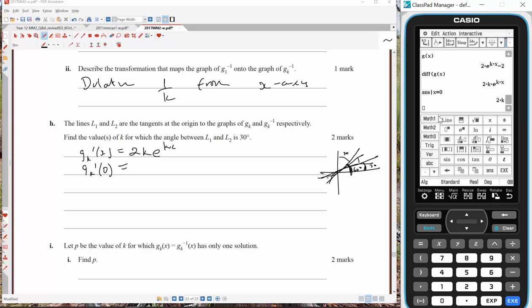With x equals 0, it's 2k. That is the gradient at x equals 0, and I want it to be 60 degrees. So 2k needs to be 60 degrees.